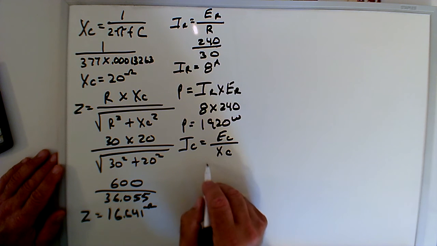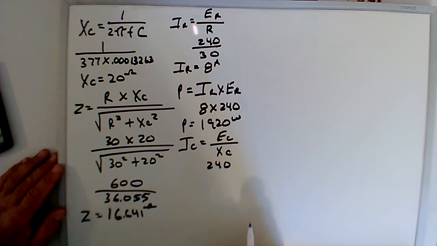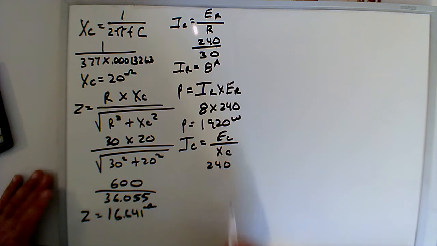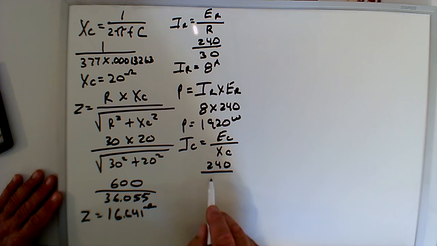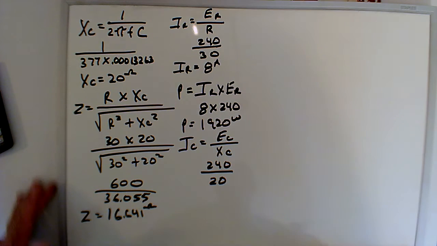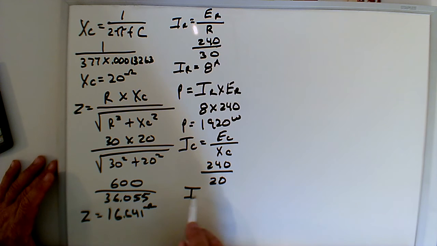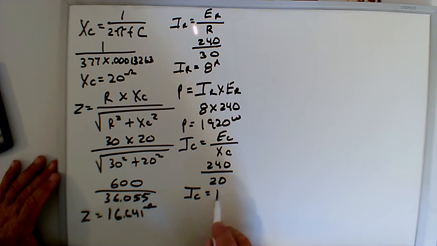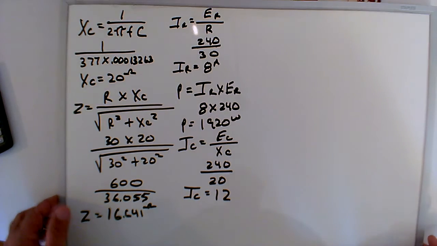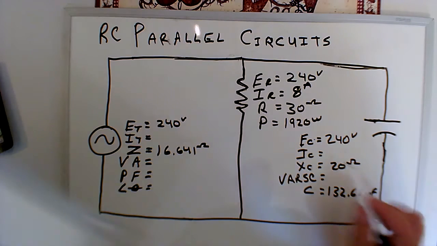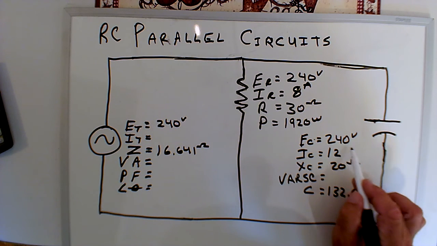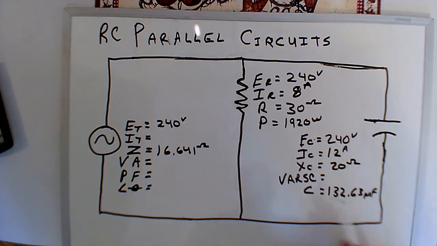In this case, the EC is 240 volts and the XC is 20. 240 divided by 20 is 12 amps. So I can fill that in right there, 12 amps.